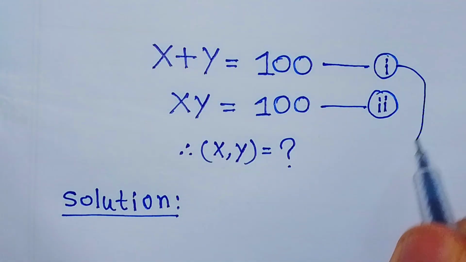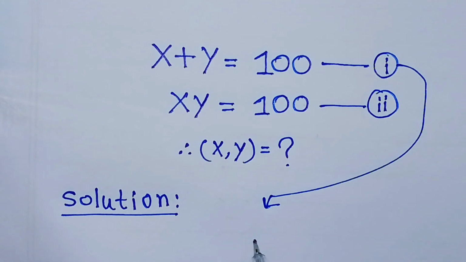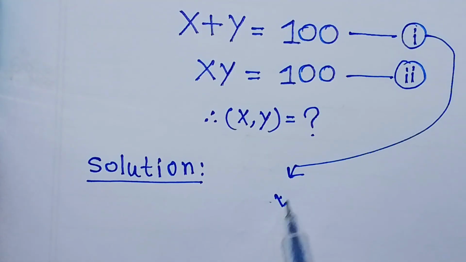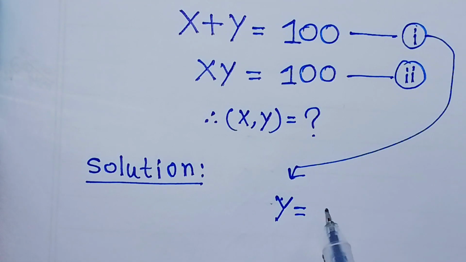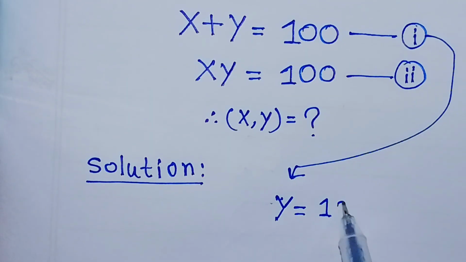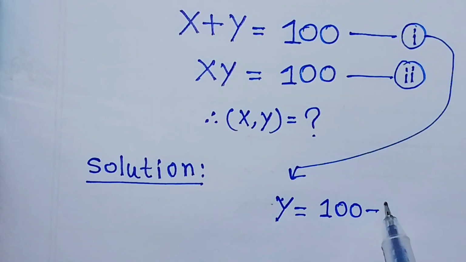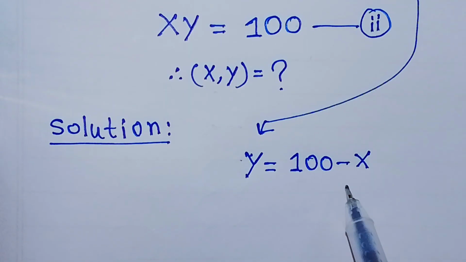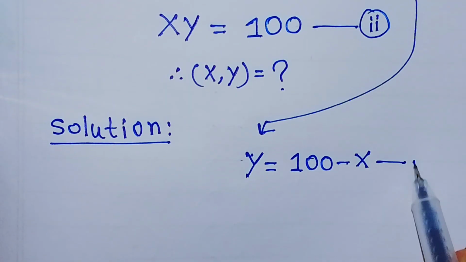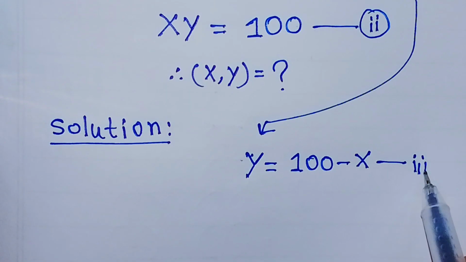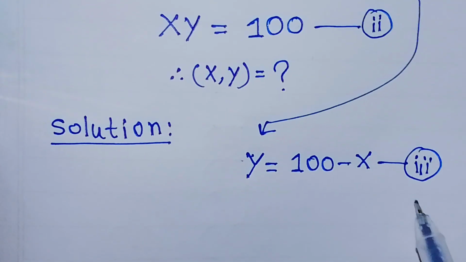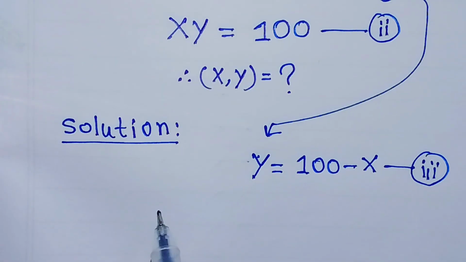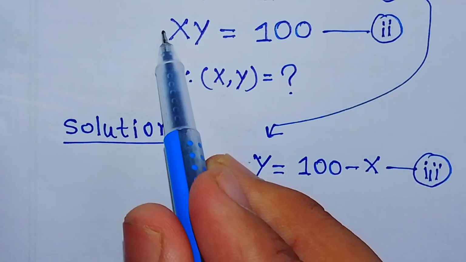So at first we can take x plus y equals 100 as equation number 1. So from there we can get the value of x is equal to 100 divided by 1. So we can take this equation as number 3.